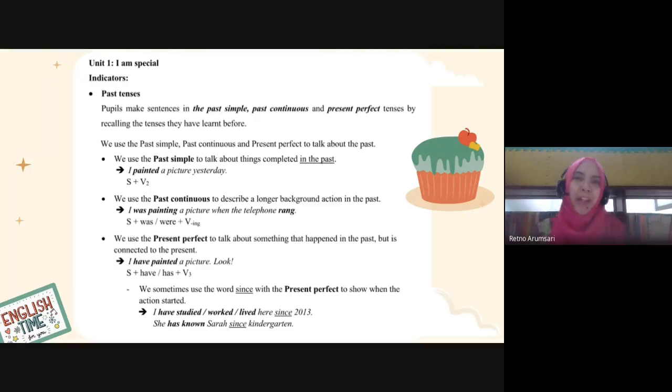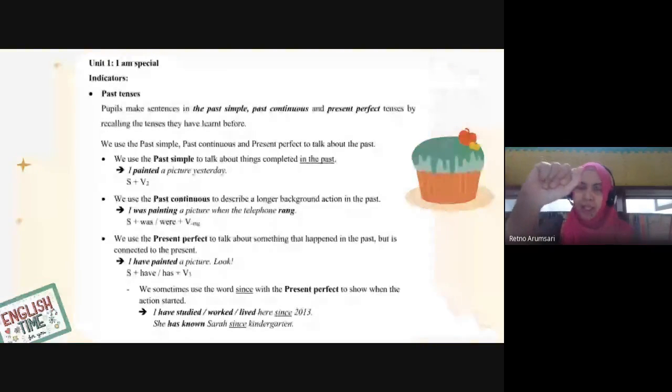Now, present perfect. Present perfect is to talk about an action that happened in the past, but you can still see the result right now. For example, my hair is wet. That is the result of I have just washed my hair. Look, I have painted a picture.